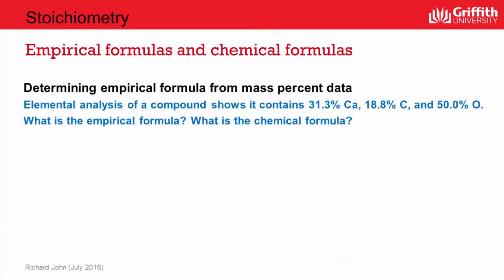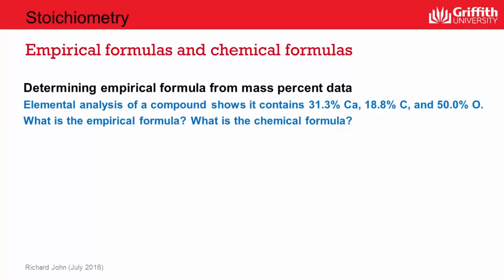So a typical problem that we might get here is shown here. Elemental analysis of a compound shows it contains those three percentages that we just saw a moment ago: 31.3% calcium, 18.8% carbon and 50% oxygen. And we're being asked to determine the empirical formula and the chemical formula.